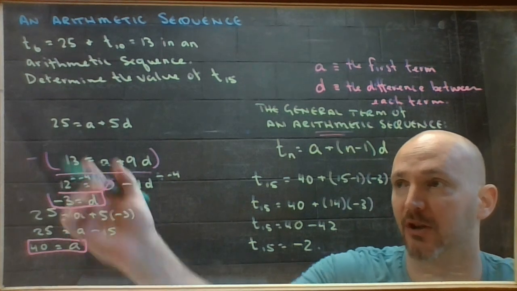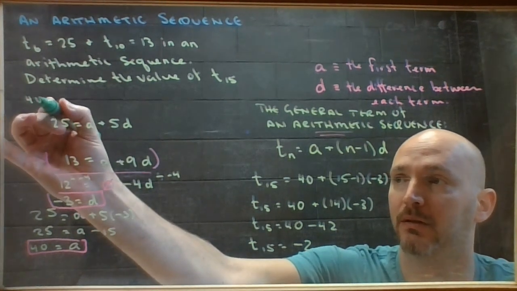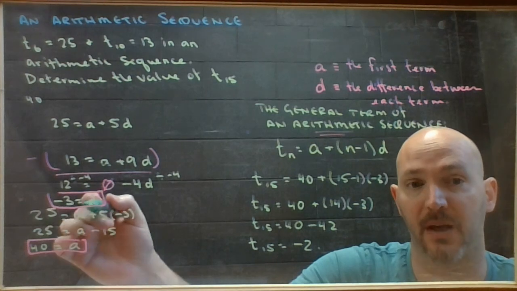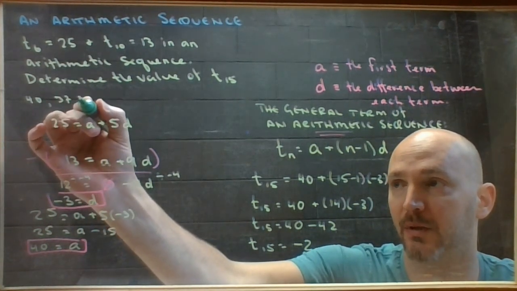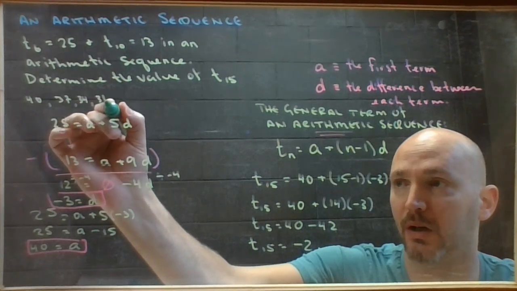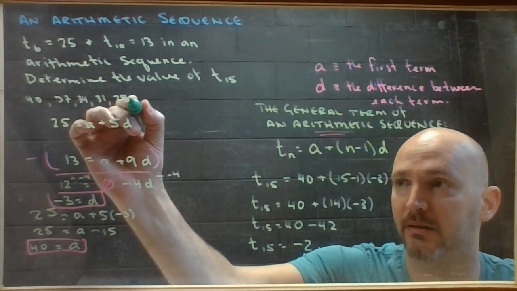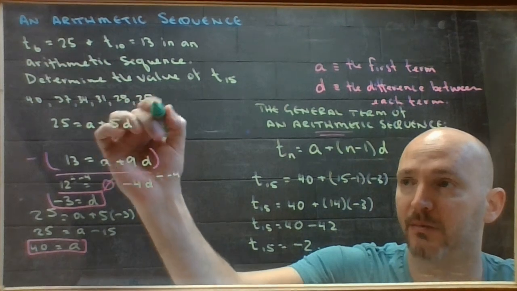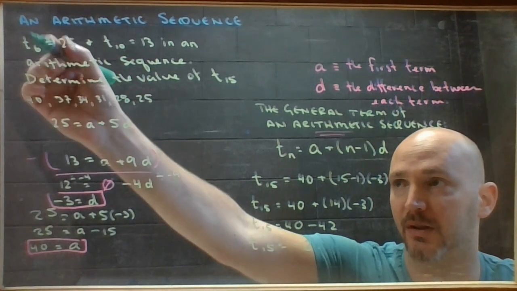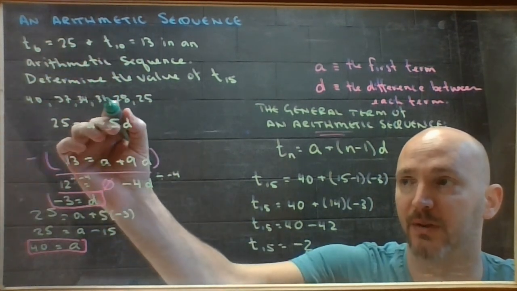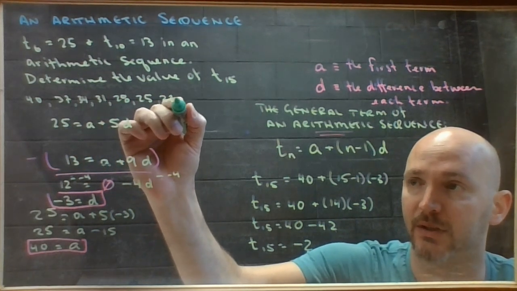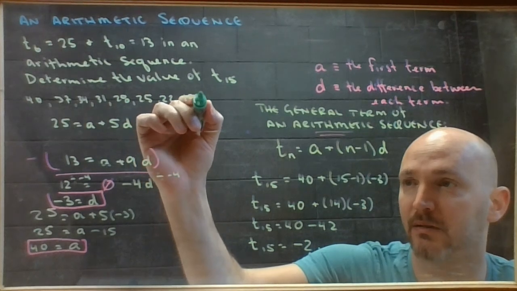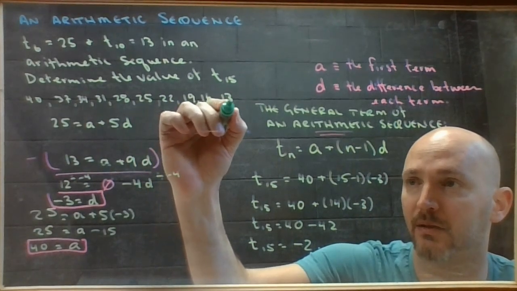So my first term would be 40. And I'm supposed to drop by 3 each time. So that would be 37, 34, 31, 28, 25. Well, there's my 6th term. 1, 2, 3, 4, 5, 6. 22, 19, 16, 13.